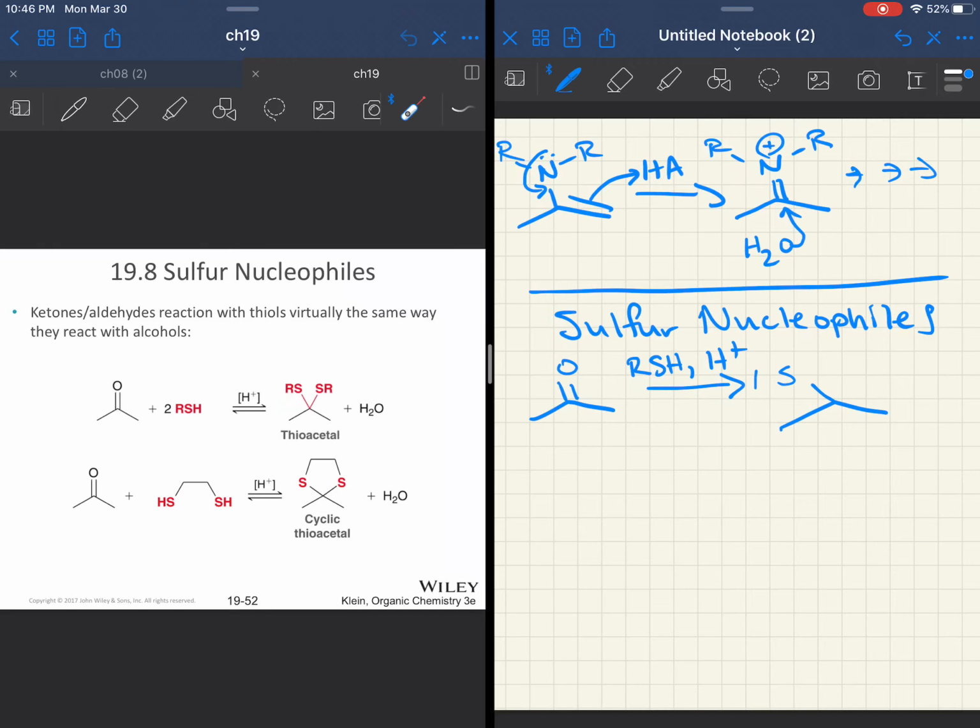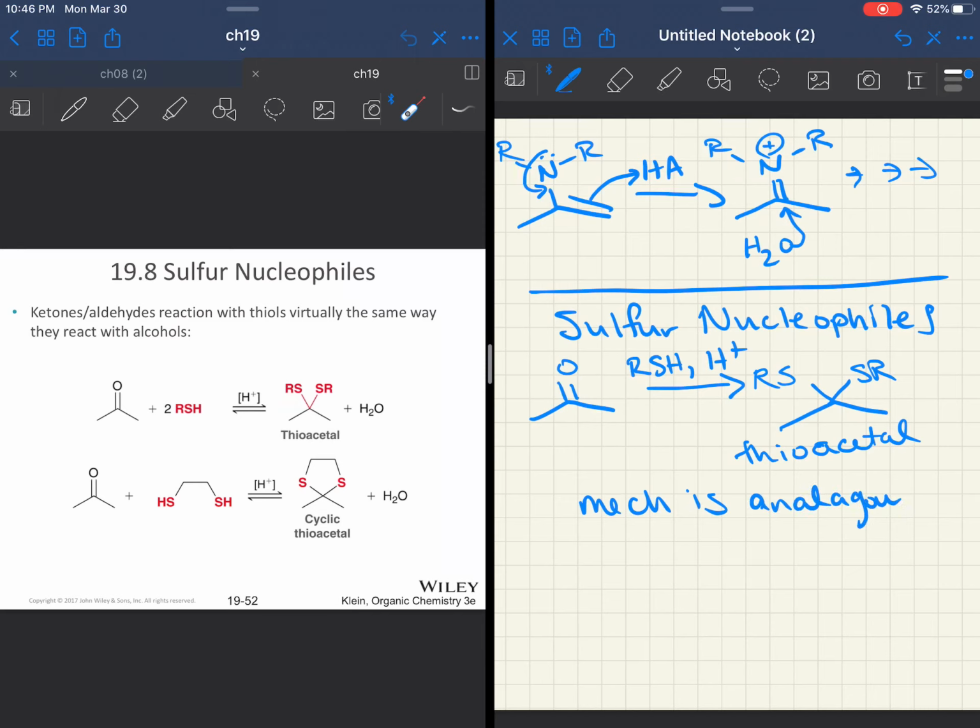The thiol will also need an acid catalyst, and we will add 2 SR groups to the same carbon, right? Thio meaning the sulfur derivative of the acetal. Don't get hung up on the equivalents here. Yes, with acetal and thioacetal formation, you do need 2 equivalents, but just assume you will always have enough. If you don't have enough, you're just going to get a weird mixture of products.